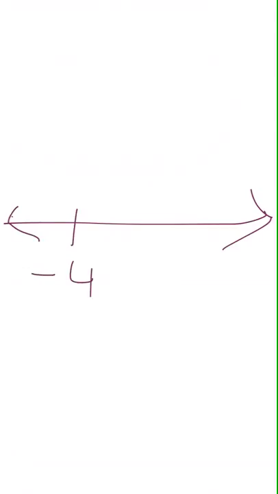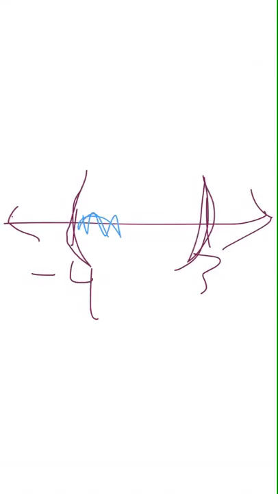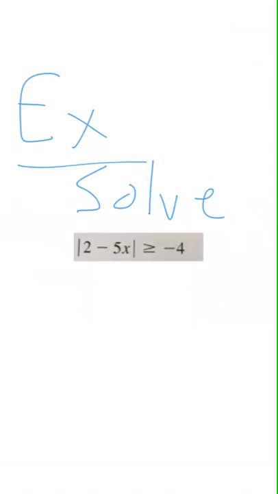But anyway, if you draw it on a number line, it's from negative 4 to 3. It'd be parentheses on both of them. And since it wants the numbers greater than negative 4, but also less than 3, you'd shade in between there. Alright, I want you to solve this.